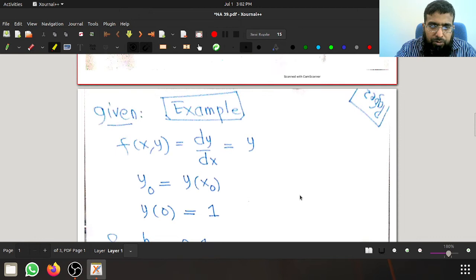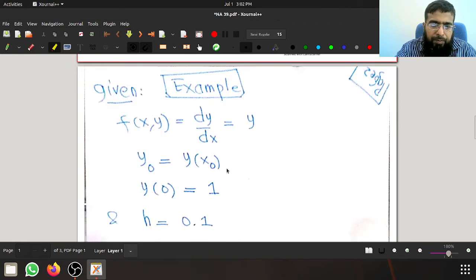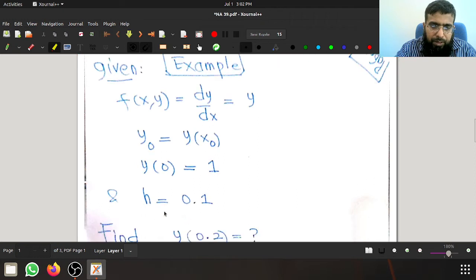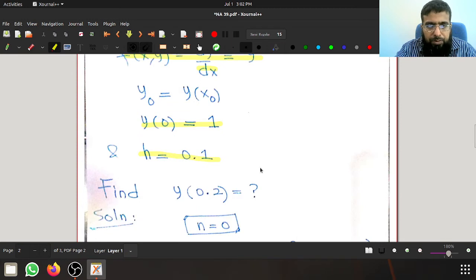Let's move on and solve an example where f of x, y, that is dy by dx, is y, and y of 0 is 1 and h is 0.1. So these are the three things given: the differential equation, the initial condition, and the step size. And now we are ready to proceed to find y of 0.2.